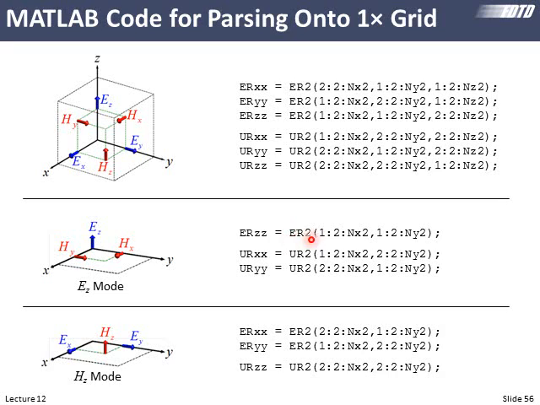That's my notation for the permittivity on the 2x grid. That then we parse off and get an ERZZ, or potentially ERXX and ERYY. Maybe we're interested in both modes. Likewise, we have a UR2. That's the permeability on a 2x grid. And we can parse off the XX, YY, and even the ZZ components from that, all from the same UR2.